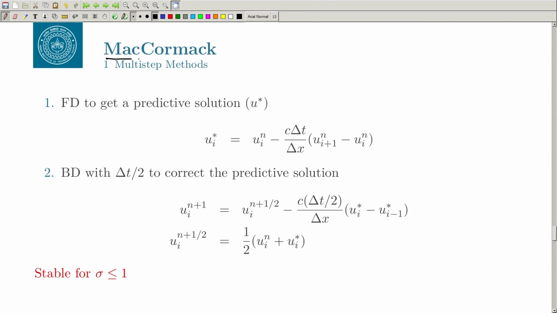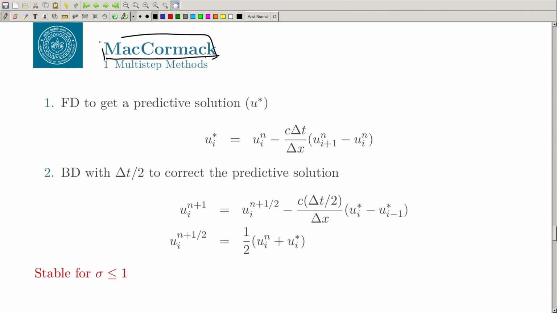This is also a multi-step scheme, and this is very popular in the CFD community. In fact, when you start solving, let us say, Euler's problem, a nonlinear problem, let us say the shock tube and other problems, the first scheme of your choice will be the McCormick scheme.